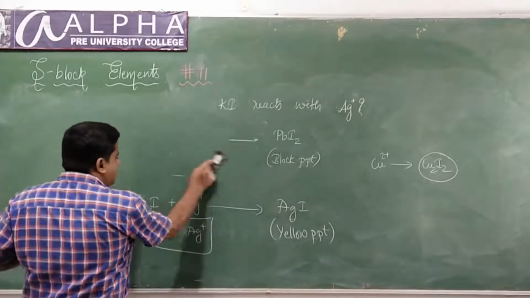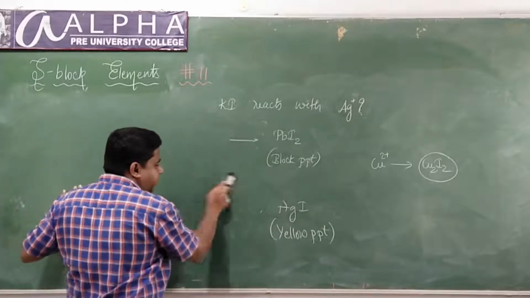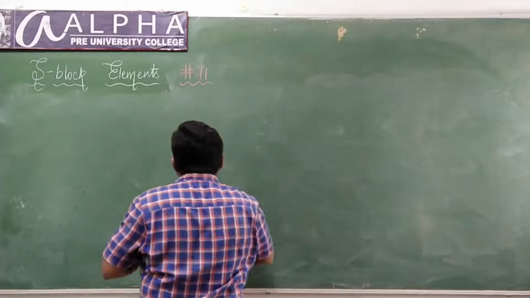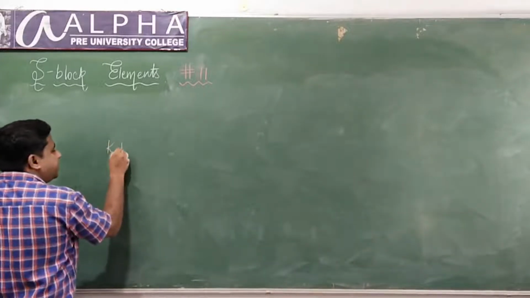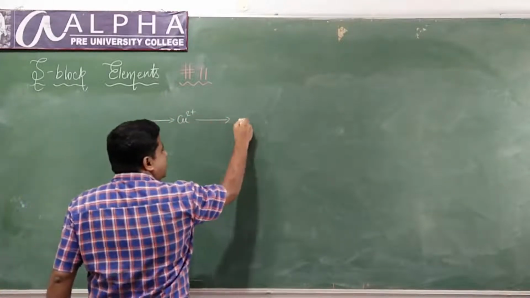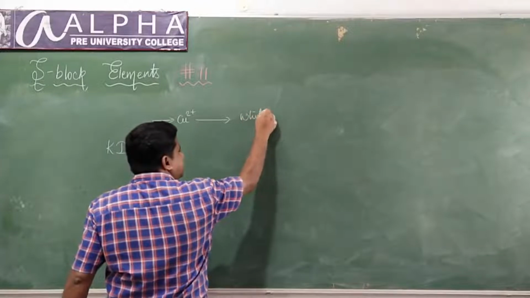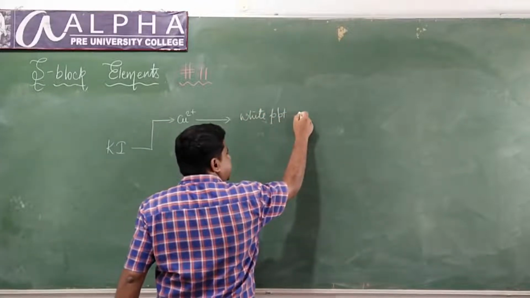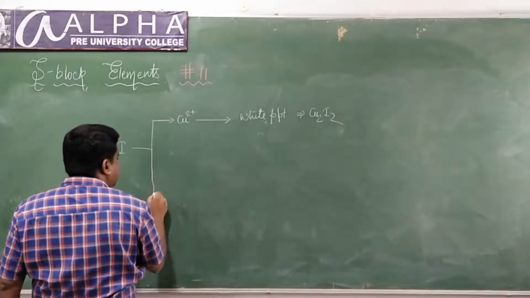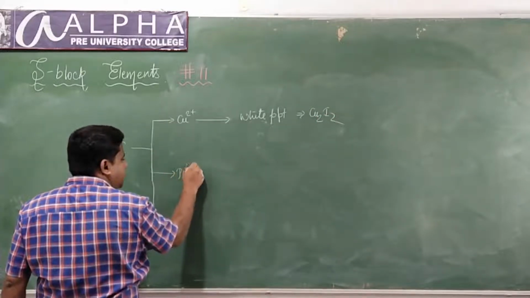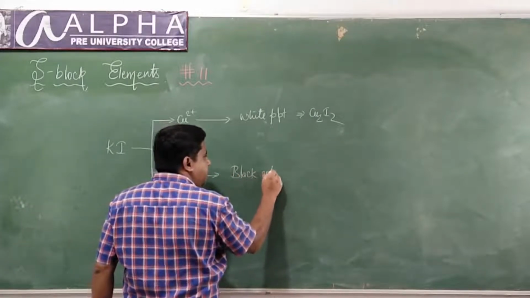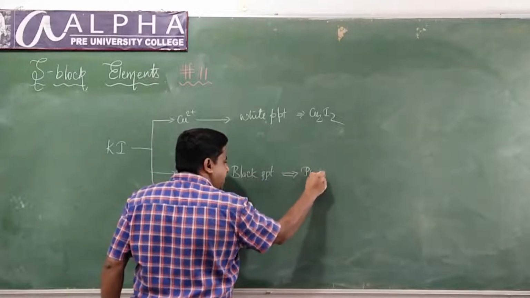Students, now we understood the different reactions, so let me summarize this again. Potassium iodide with Cu2+ ion gives a white precipitate of Cu2I2. With lead ions, it forms a black precipitate of PbI2.